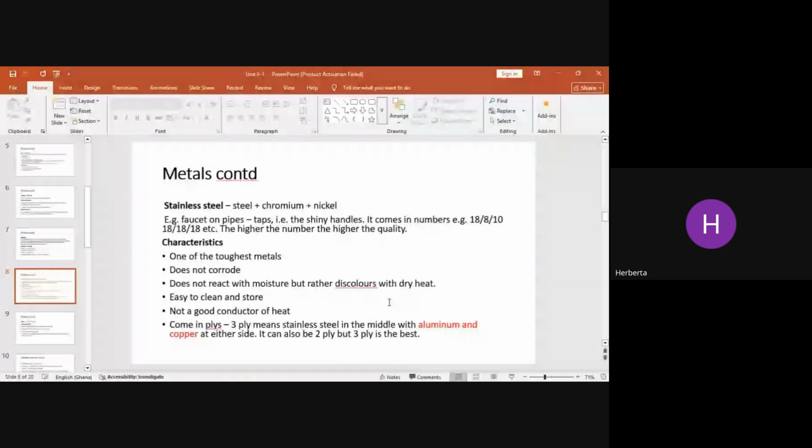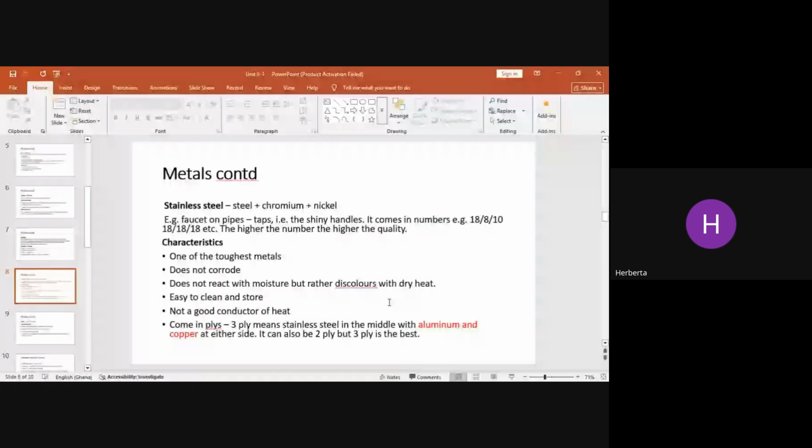So let's look at stainless steel. We said stainless steel is made up of three metals: the steel, chromium, and nickel. Normally when you buy stainless steel products with the plated metals, you have numbers on it. So you can have 18/8/10, or 18/18/18, which means that the steel is 18, the chromium is 18, the nickel is 18.